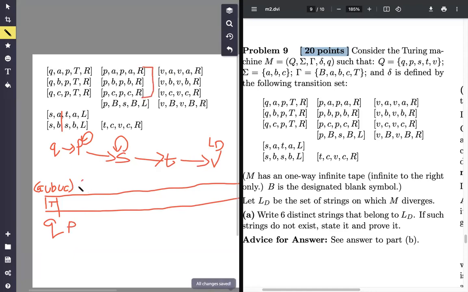This is an A or B or C star loop. So whatever we write, it's all just from this. We keep moving to the right, to the right, to the right. And the only other thing to do from P is to go left, go to S on a blank. So it means we hit a blank.